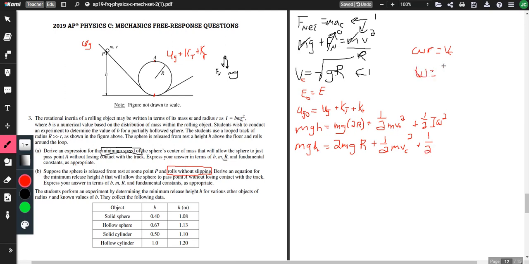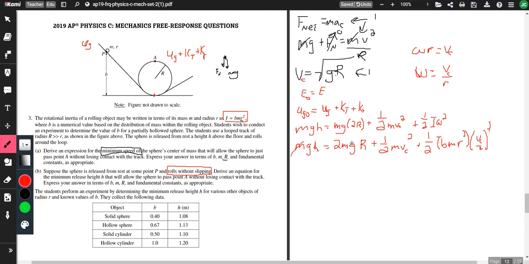So omega is going to be equal to that center of mass speed divided by its radius. Oh, and I've just remembered that they told me that I was equal to this, so I can plug in b m R squared times vc over R squared. This is actually going to help cancel out a lot of things.